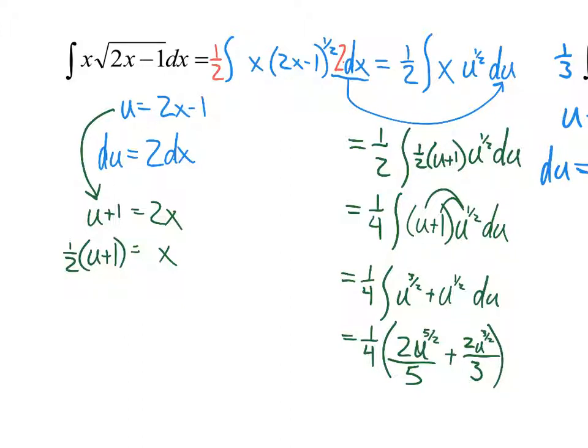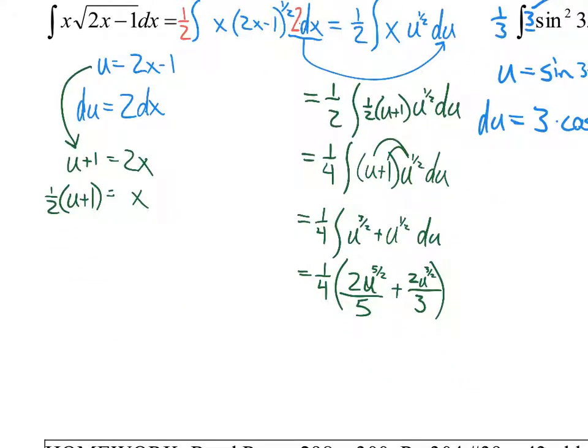Now we can multiply by the 1/4, we can substitute u back in, and get our answer. So this is going to be, the 2 cancels with the 4, and that's going to be over 10. This one's going to be over 6.